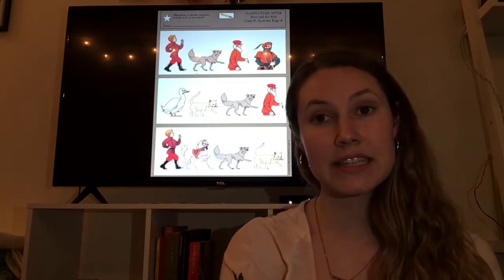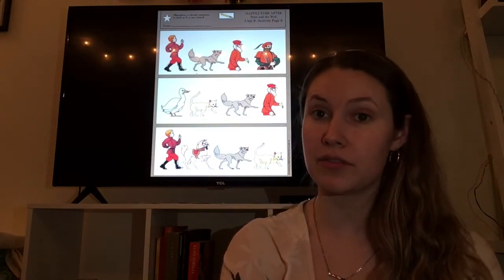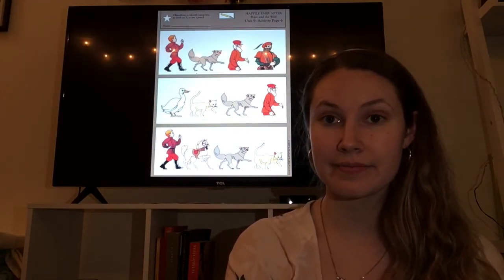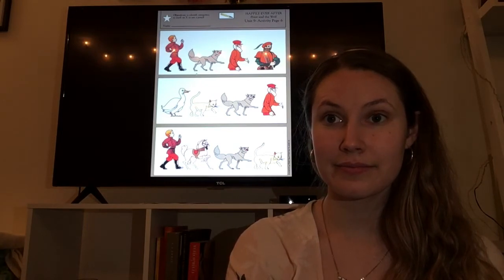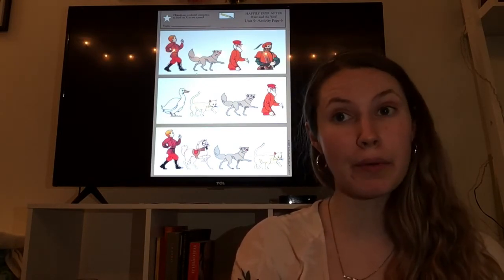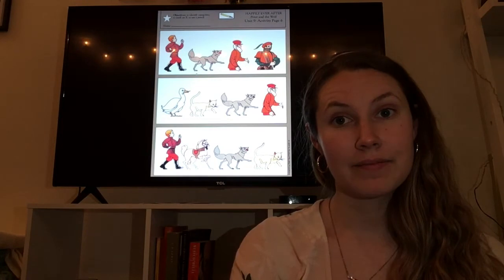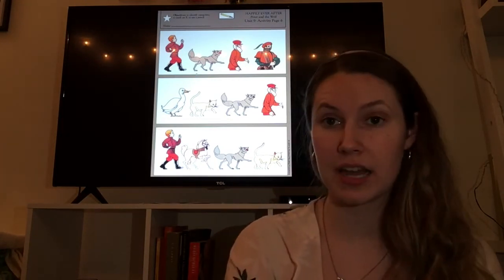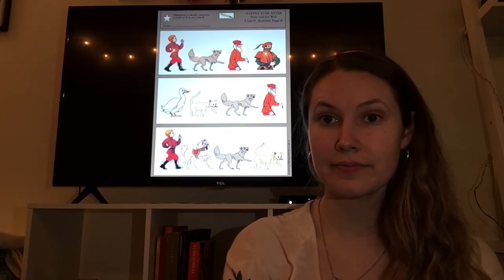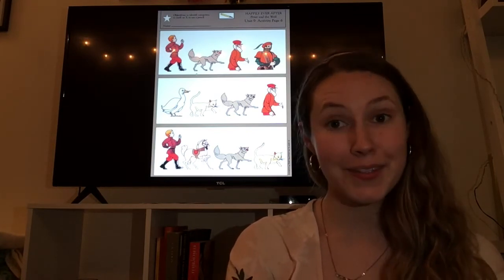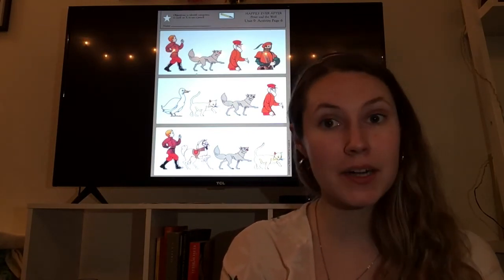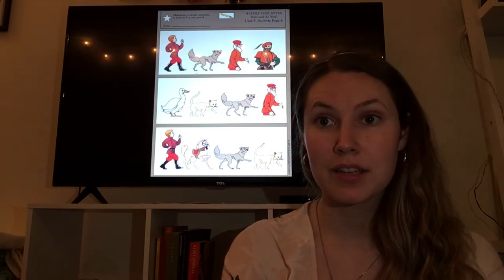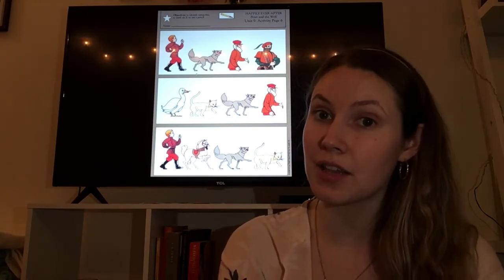What do you notice is the same about most of these characters? They're mostly people, right? Which character is not a person in that top row? The wolf. The wolf is not a person. The wolf is an animal. So that makes him different than the rest of the group.